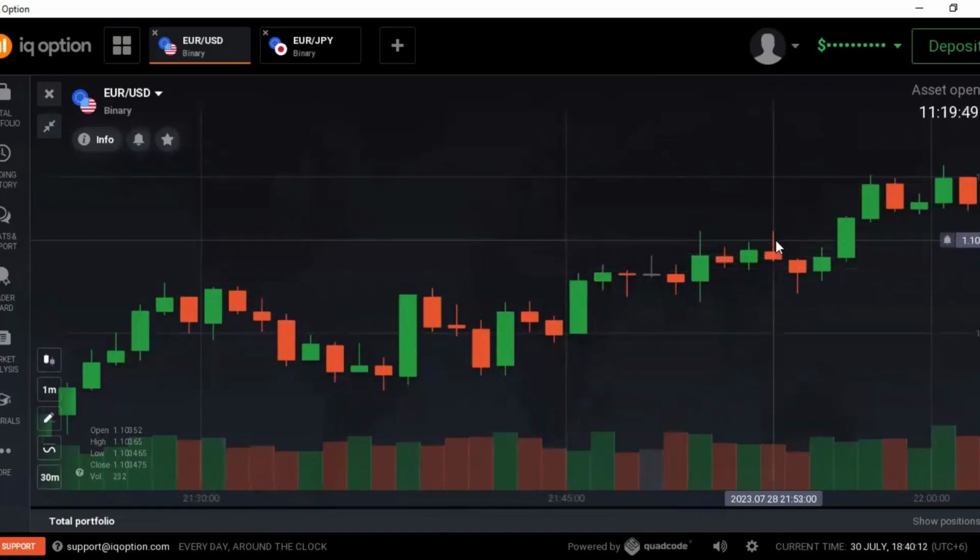It may be any other type of candlestick also, but the volume is very important here. So we have to check the volume first. This candlestick volume is high, and this candlestick volume is high, that means sellers are strong here with high volume.